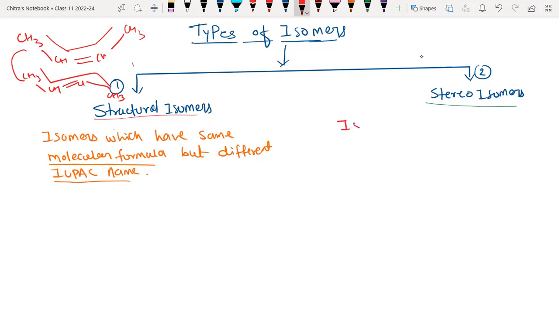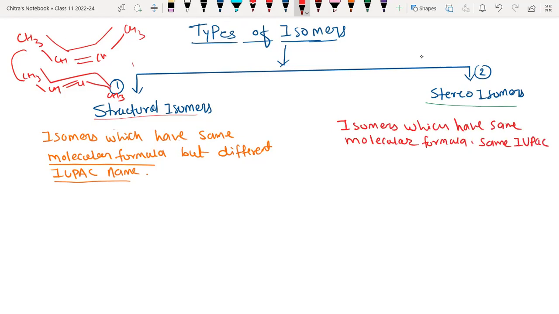So what is going to be the definition for that? Isomers which have the same molecular formula, the same IUPAC name, but differ in the position of their bonds, that is, the orientation of the molecule is different, that's all.